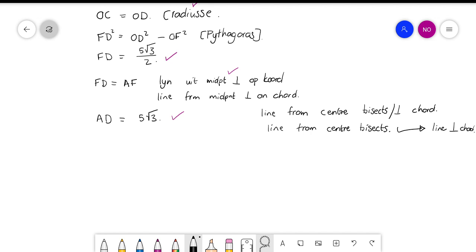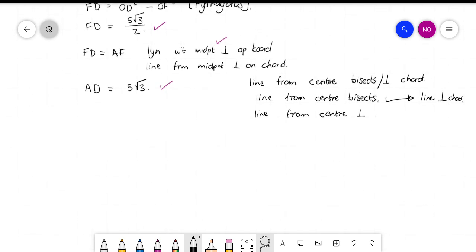And then the other reason is line from center perpendicular to chord, and what you can deduce from that is that the line bisects the chord. So remember with those, we said you have to say two things to conclude.